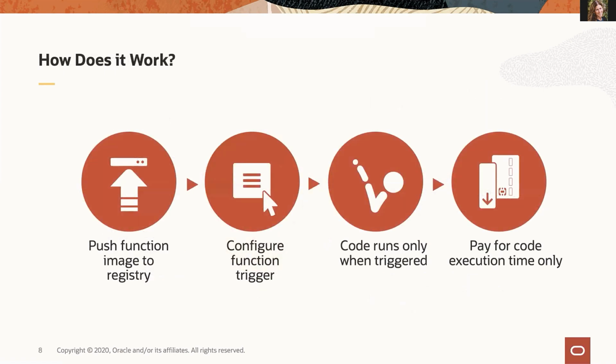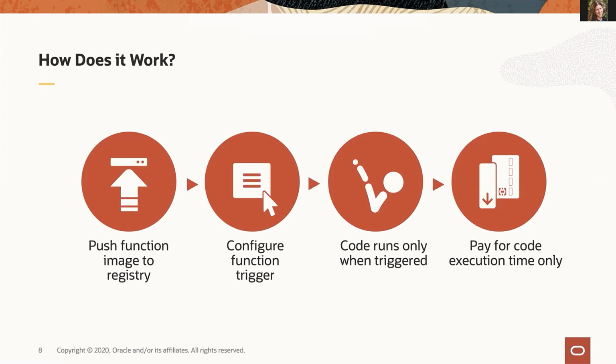So how does it work? You write your code, and you use our CLI to package your function as a Docker image, and the CLI is going to push that image onto our registry, OCIR, our registry for Docker images. And then you configure the function trigger.